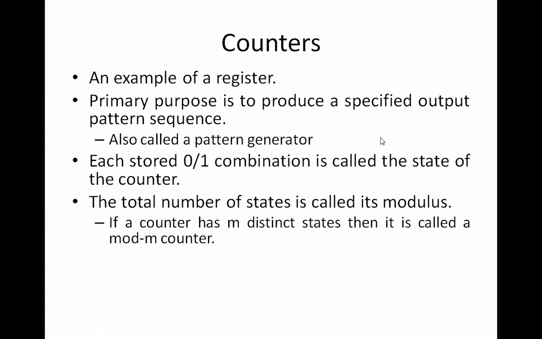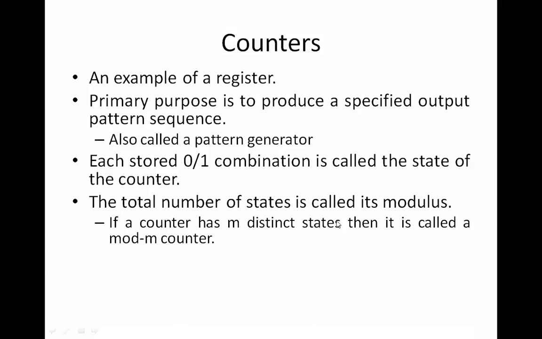The total number of states is called its modulus. Okay, modulus is nothing but the total number of states. Say for example, if I count 00, 01, 10, 11, so which means how many states does it have? How many combinations does it have? From 0 to 3, how many combinations? Four.